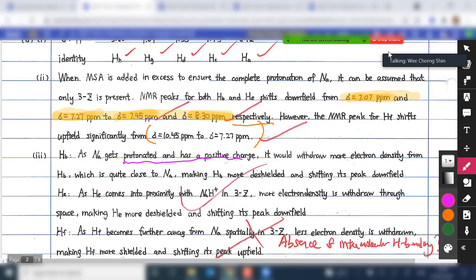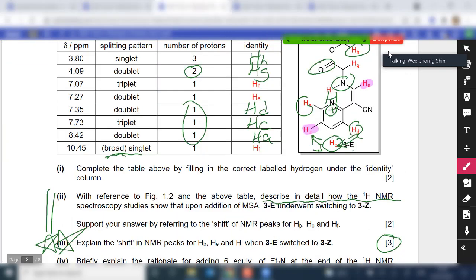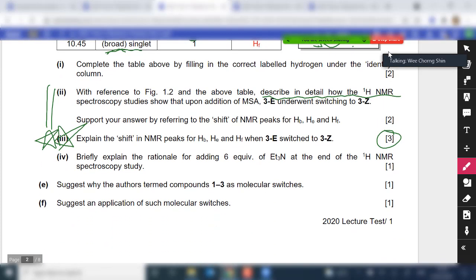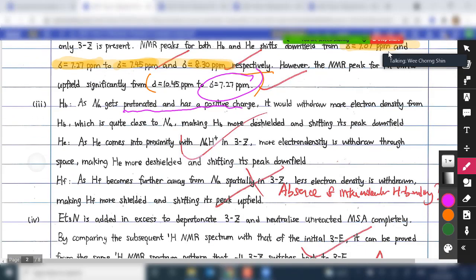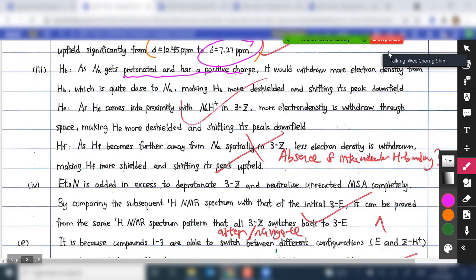Okay, then the interesting thing is, how come my protonic hydrogen becomes more shielded? Well, I mean, it's no longer involved in the hydrogen bonding, right? Yeah, so that should form part of your SA. Wait, let me see where. Yeah. So the student said that, oh, it's further away, etc. Right?